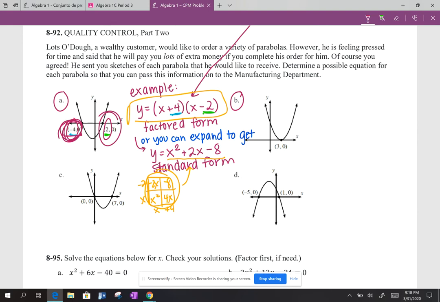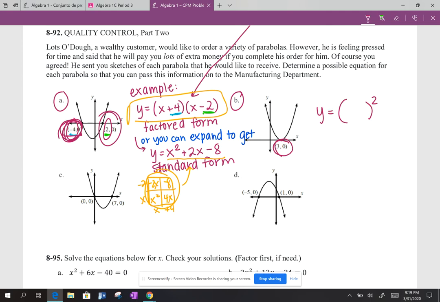For part B, notice that we only have one x-intercept. So instead of having something times something, when we have two x-intercepts, I'm only going to have something and then squared. Okay. What expression do I need in the middle?